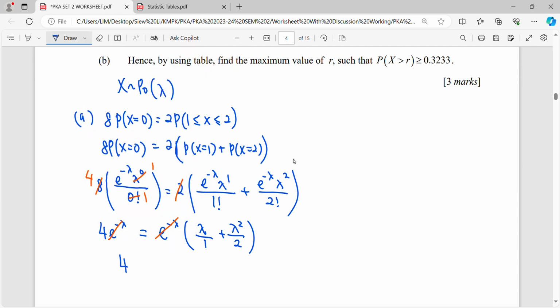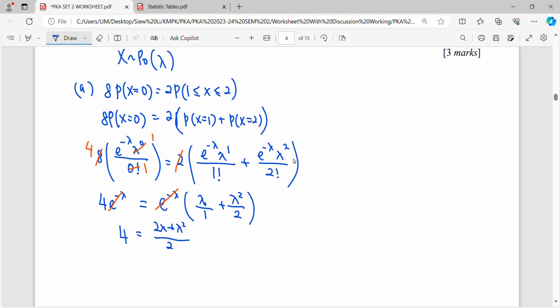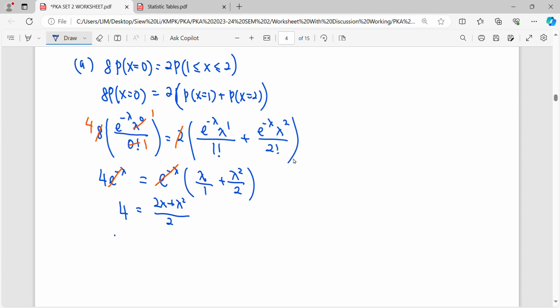So 4 equals, getting the same denominator 2, 2 lambda plus lambda squared. You get your quadratic. So lambda squared plus 2 lambda equals 8. Rearranged in the general form of quadratic, lambda squared plus 2 lambda minus 8 equals 0.